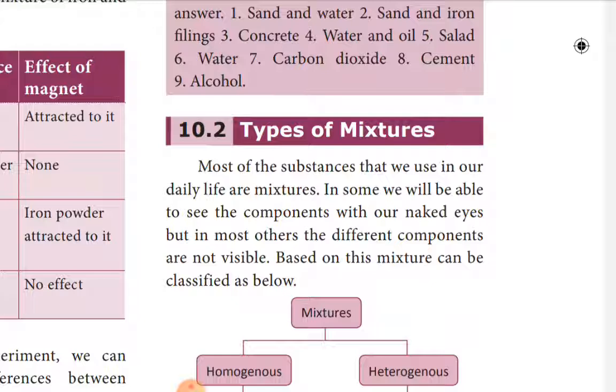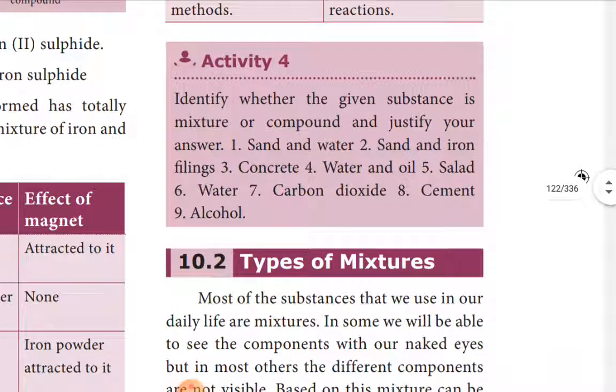These elements, carbon, hydrogen, oxygen, are present in fixed proportion by mass. So alcohol is a compound. Out of these 9 given substances, water is a compound, carbon dioxide is a compound, and alcohol is a compound. All the remaining are mixtures.